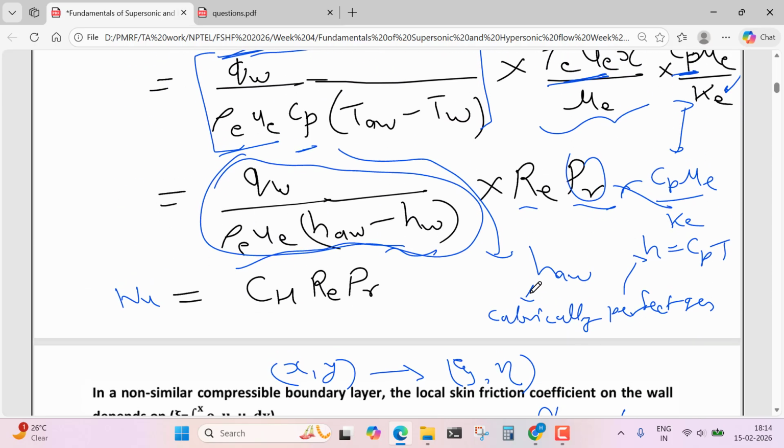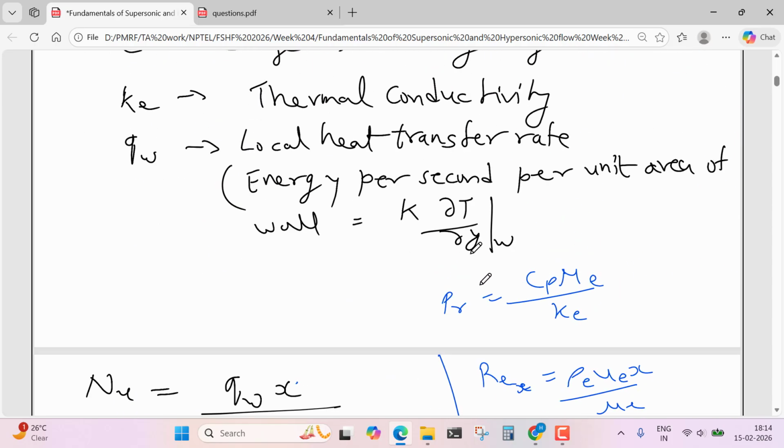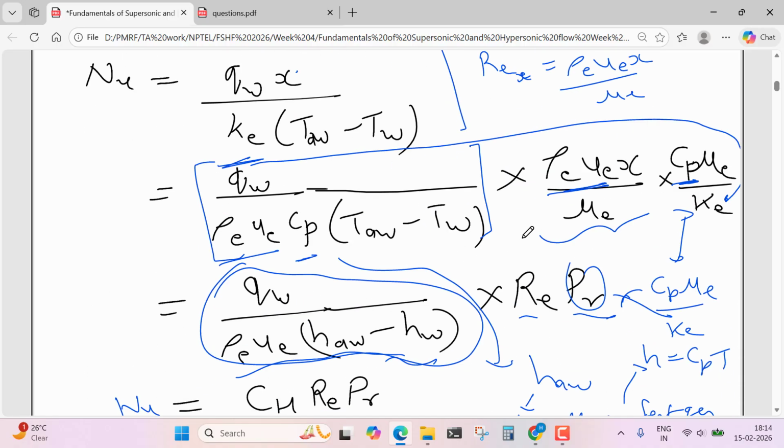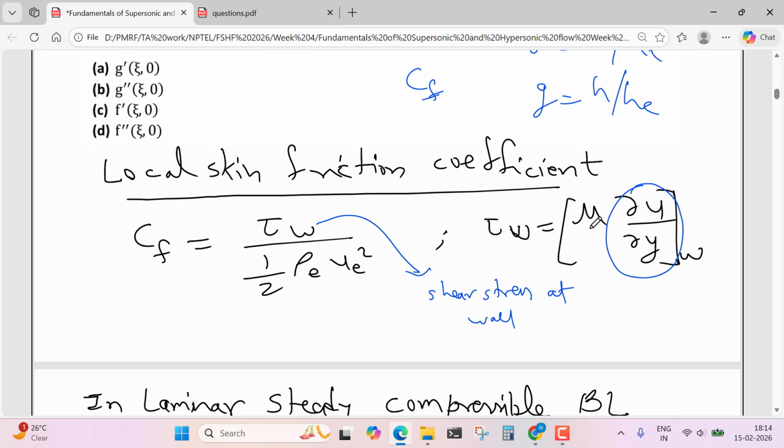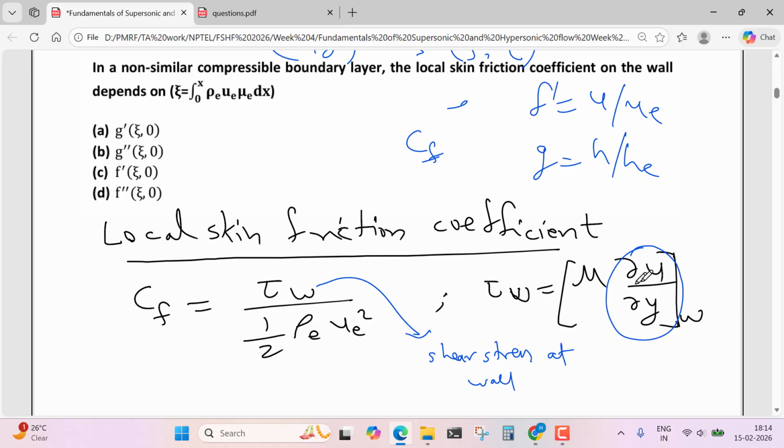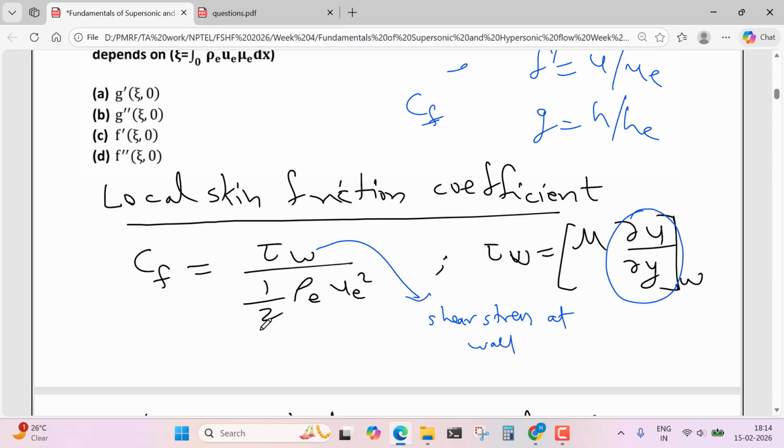One thing I did not mention: this mu is also at the wall, so this whole factor is at the wall. So first we need to find dou u by dou y at the wall. Only then will we be able to find the Cf.